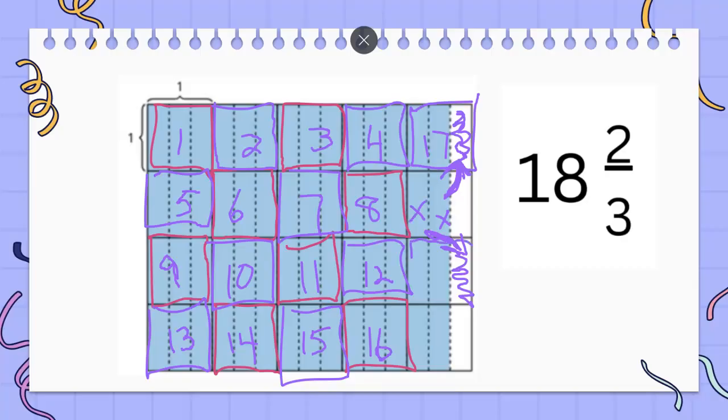And now that gives us a box here, our whole unit here, and that gives us 18. Okay, and these 2 pieces right here would be 2/3. So 18 and 2/3 will be the area for this whole rectangle.